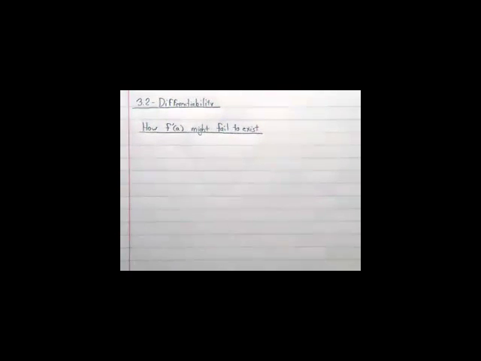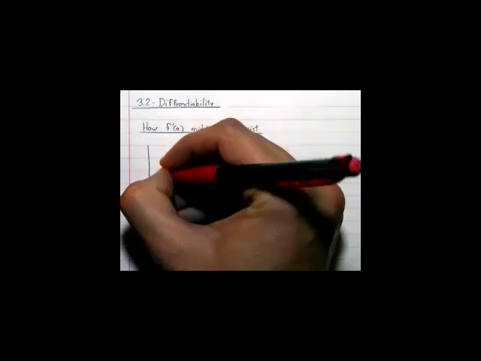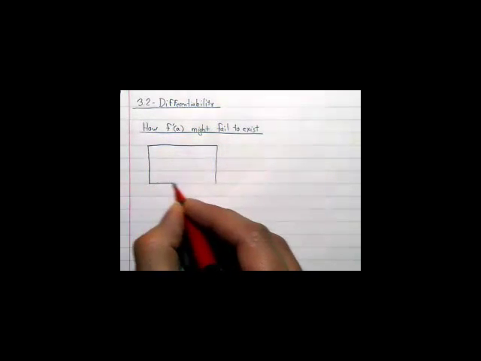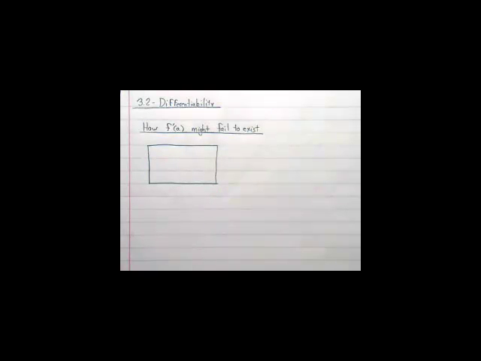All right, there are four basic ways you're going to see this. And this one should look a bit familiar. This is a very obvious look at when the slope from one side does not match the slope from the other side, and it creates a corner in the graph.